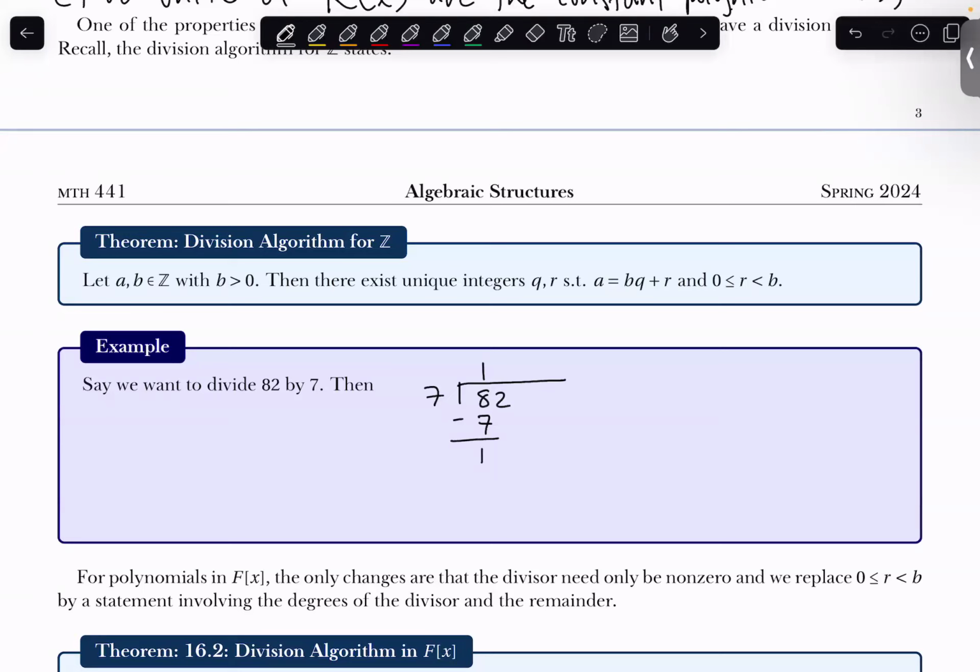Then I could have had something bigger that I could have multiplied by 7 to subtract here. So whenever I'm subtracting, I should always get something smaller than my 7. Then I'll pull down my 2. And I'll think, how many times does 7 go into 12? It goes in 1 nicely. Twice would be 14. That would be too far. So I subtract 7, and I'll get back 5. I ran out of digits, so I stop here. So what this is saying is that 82 is equal to 7 times 11, but I have this remainder of 5.